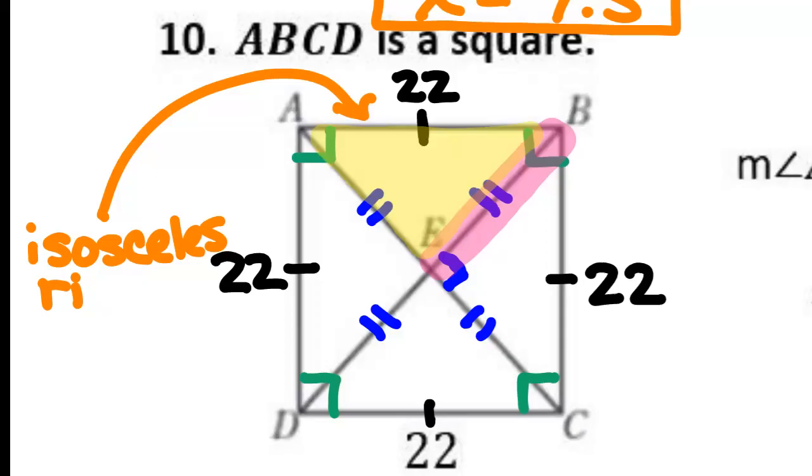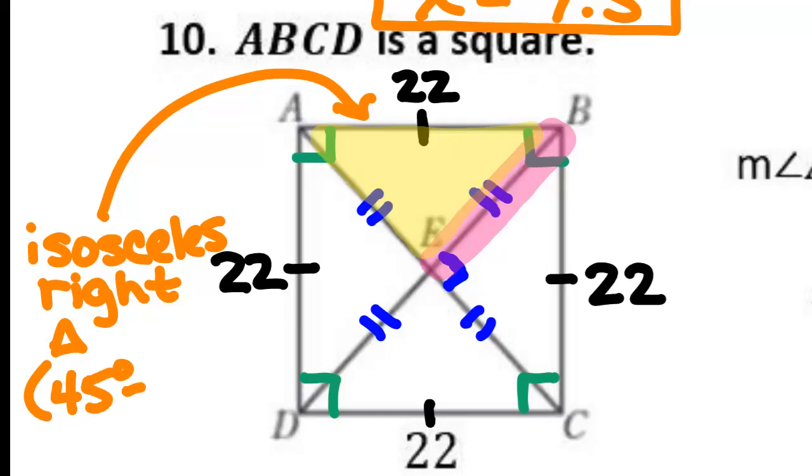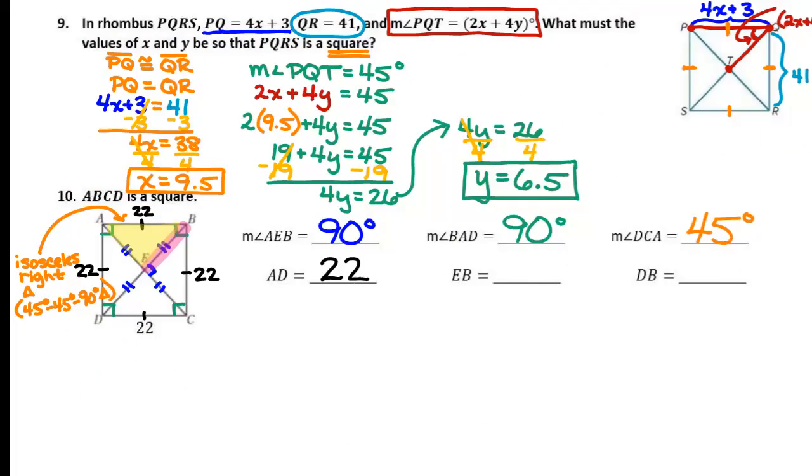What's another name for an isosceles right triangle? 45, 45, 90, yes. And we want a leg or the hypotenuse of that isosceles right triangle.